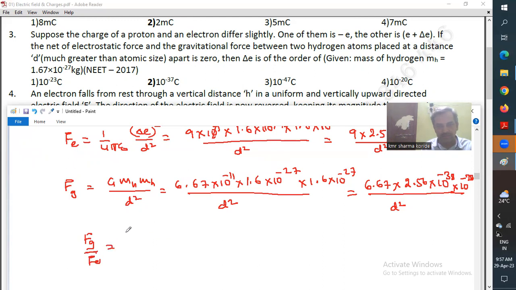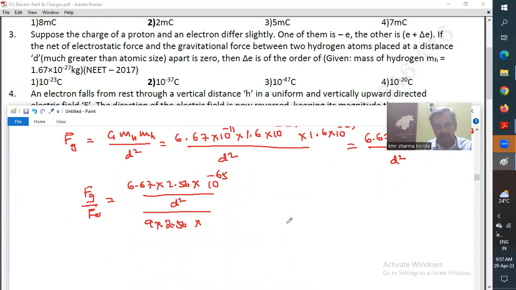So FG is 6.67 into 2.56 with 10 to the power of -65 divided by d square. Then FE is 9 into 10 to the power of 9, 2.56 with 10 to the power of -29 by d square.